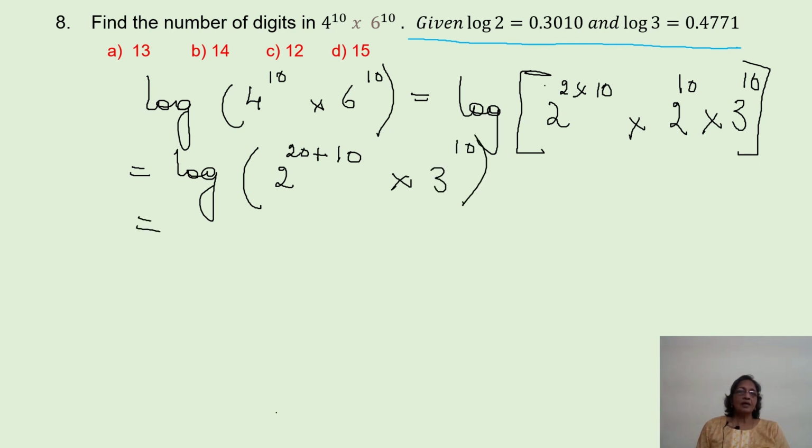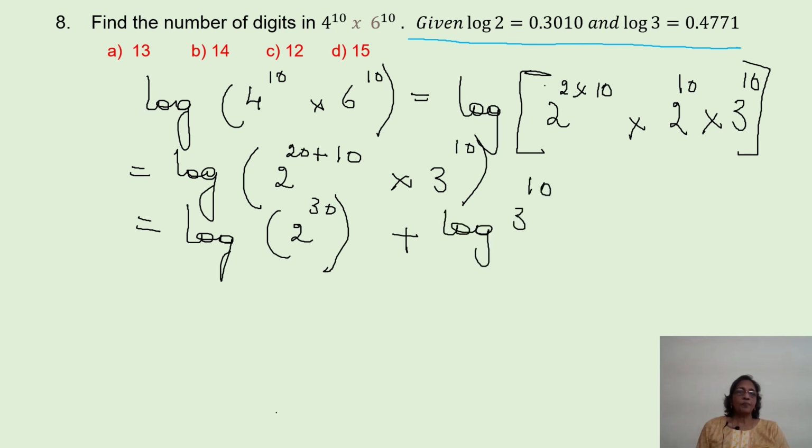Now using our product property, this will be log of 2 raised to 30 plus log of 3 raised to 10. So this comes to be 30 into log 2 plus 10 into log 3.